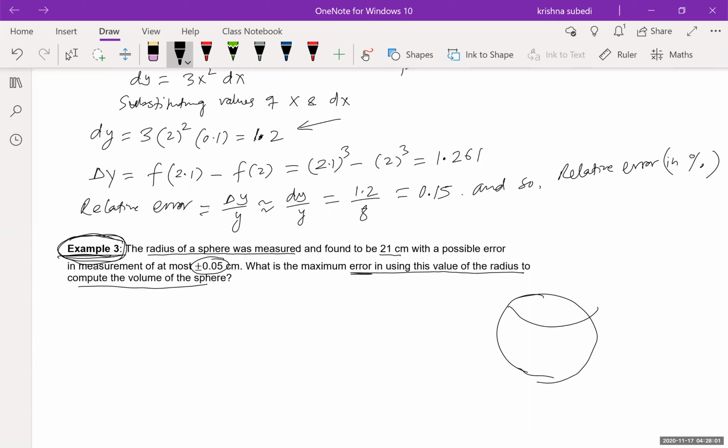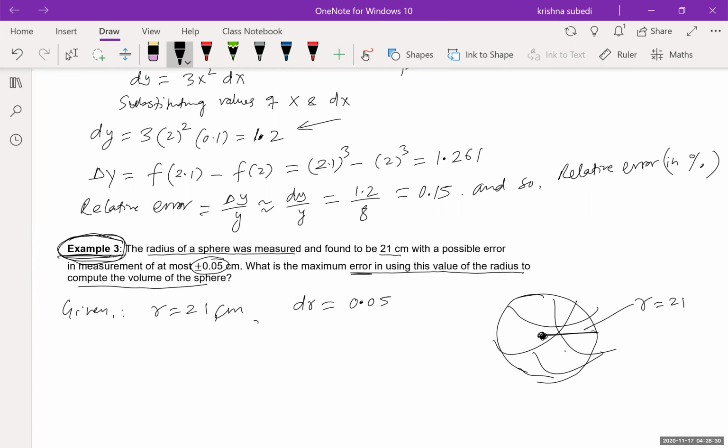It's just like a ball. This is our radius r. It is given as 21, so r is 21 centimeters and dr is given as 0.05.